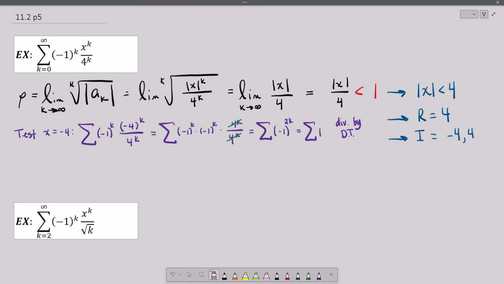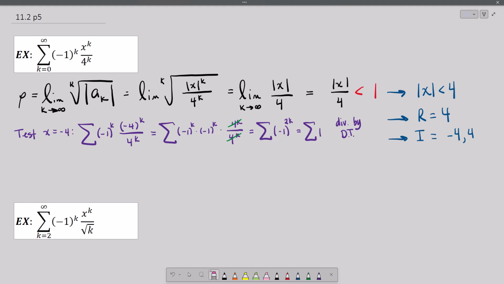In chapter 10, if the question, like on the worksheets, says analyze using the divergence test, then you've got to get into the nitty-gritty. The limit of a sub k is the limit of 1 as k goes to infinity. That's not equal to 0, therefore it diverges. If it's just an endpoint that you're testing, you can just cut to the chase as soon as it's obvious.